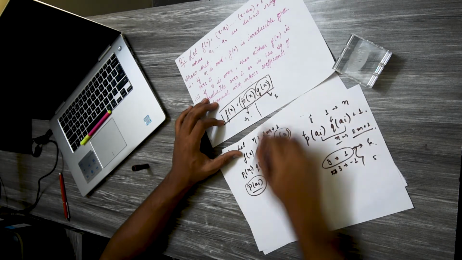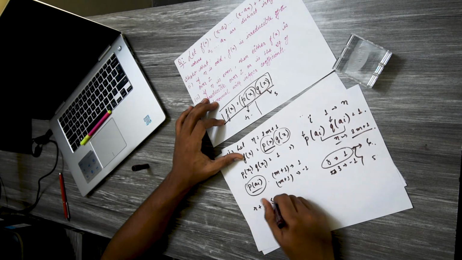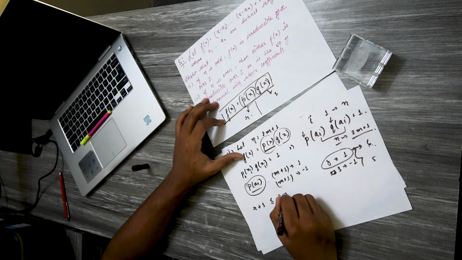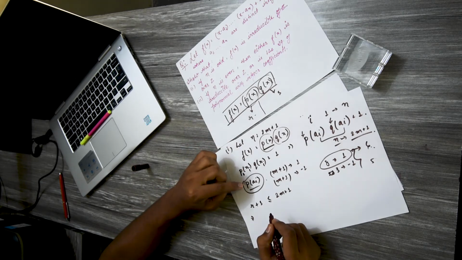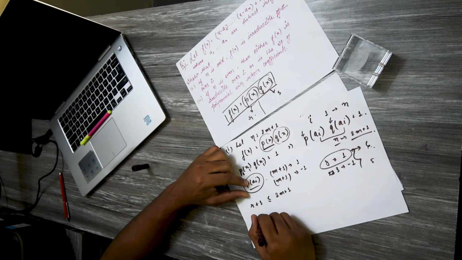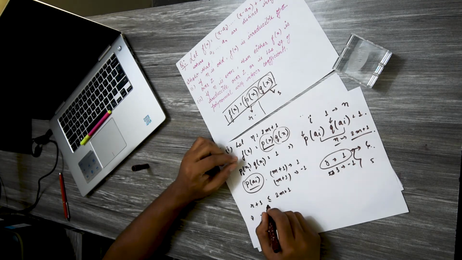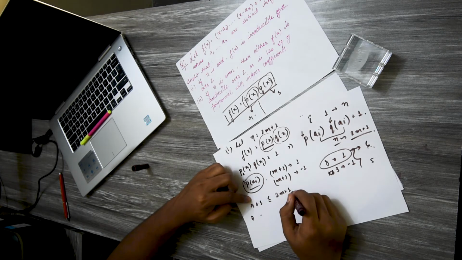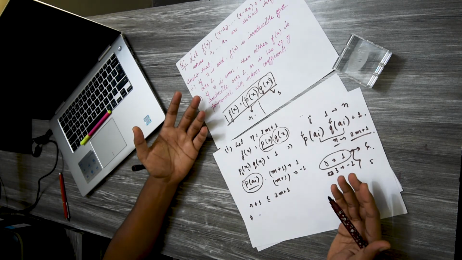Hence, r plus s should be less than or equal to 2m plus 1 in this case. That means r and s cannot both be greater than m plus 1. Like say we put both of them as m plus 1, then we'd yield 2m plus 2, so it's impossible for each of them to be greater than m plus 1.